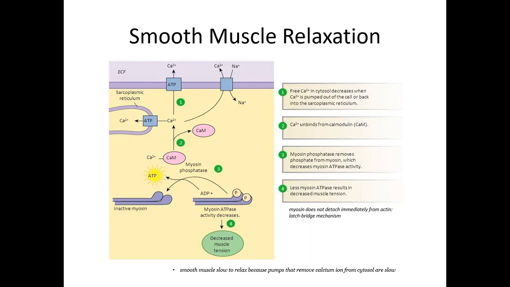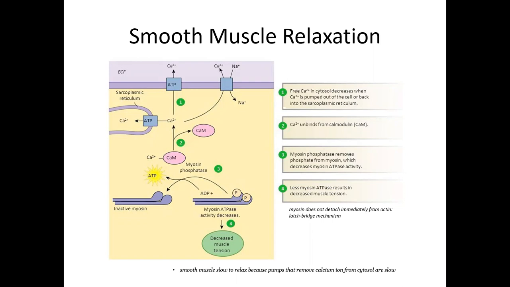Now, two important points. The first one has to do with calcium. Part of the reason why smooth muscle is slow to relax is that the ability to decrease the cytosolic calcium levels is a slow process. Those pumps requiring ATP to remove calcium from the cytosol are slow acting, okay?